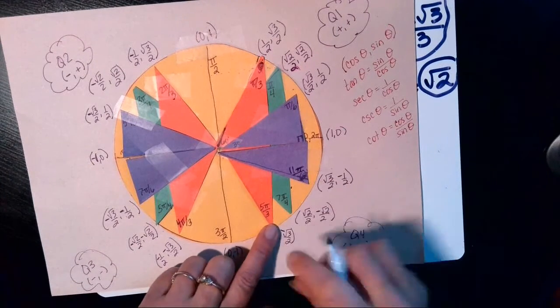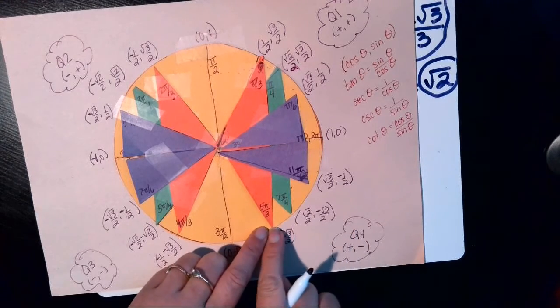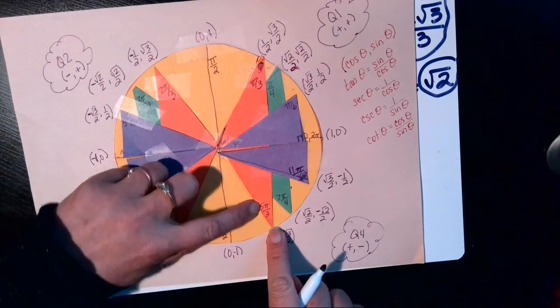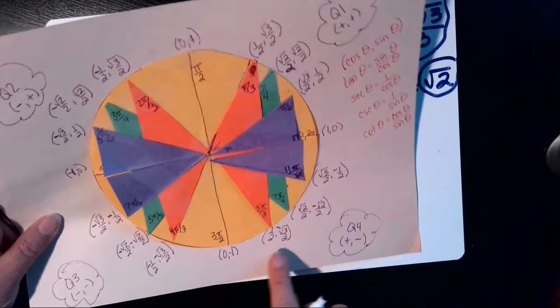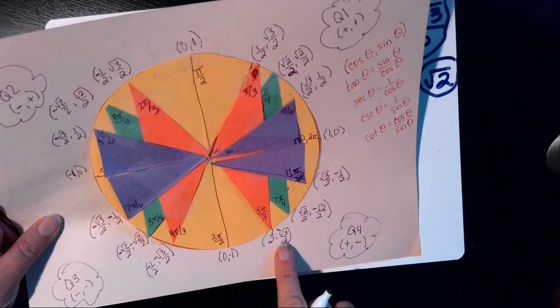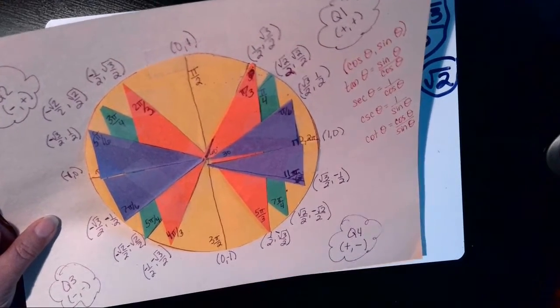And remember coterminal angles, right? This negative 7 pi over 3 has the same terminal side as 5 pi over 3. They're coterminal angles. So they're going to have the same coordinate, and that's a negative root 3 over 2 for the y and a positive 1/2 for the x.